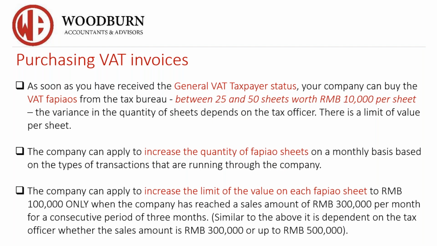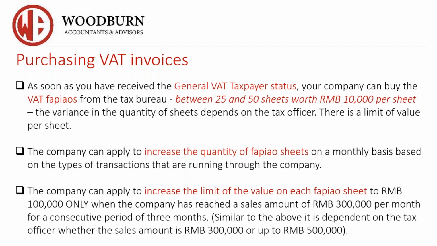Now, obviously, you want to get sheets that are a higher value, especially if you're in the trading sector, where the sale of goods is very high, right? If it's 500,000 renminbi, my God, how many booklets would you have to buy if each sheet is worth 10,000?